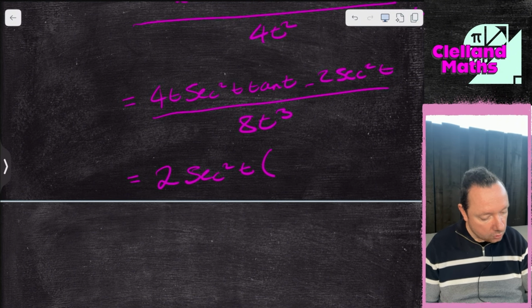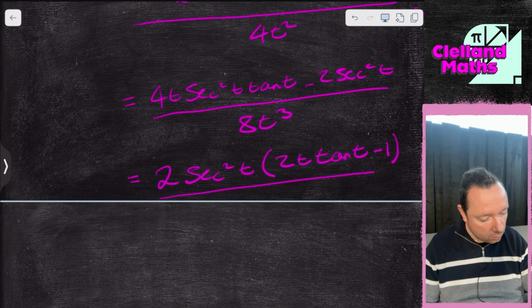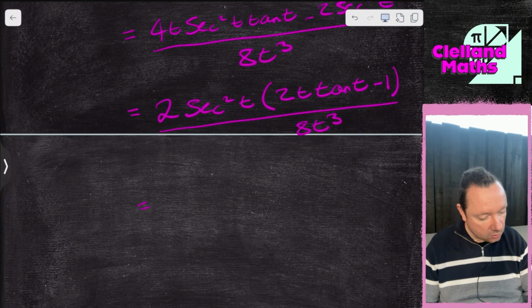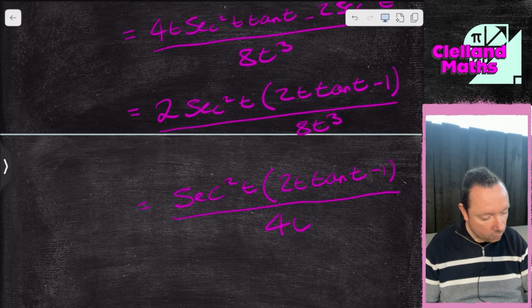Leaving us with 2t tan t minus 1 over 8t cubed. A 2 cancels on the top, leaving sec squared t, 2t tan t minus 1, all over, 2 cancels on the bottom, 4t cubed.